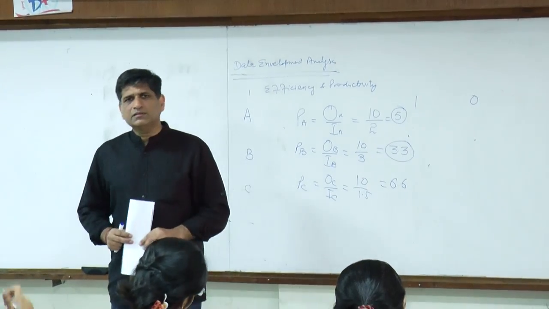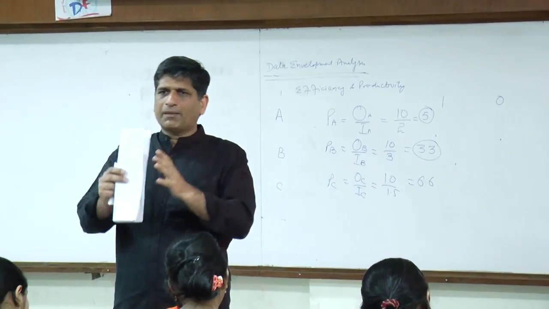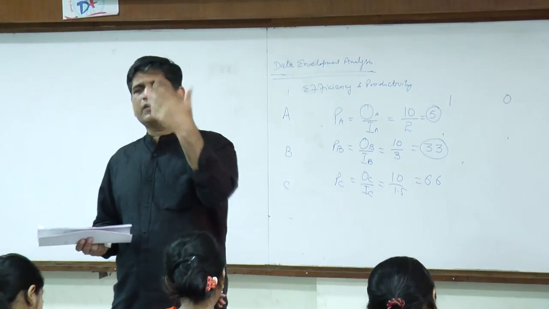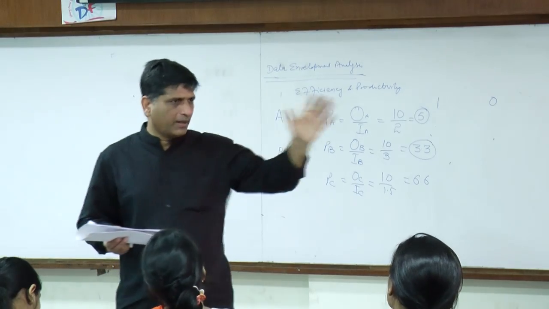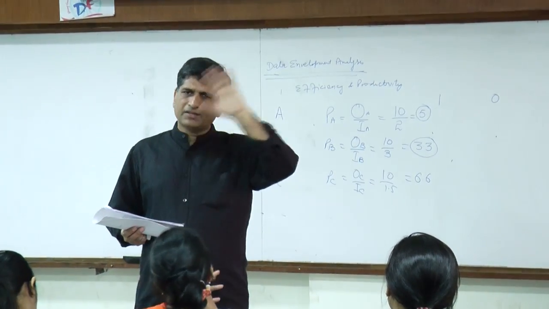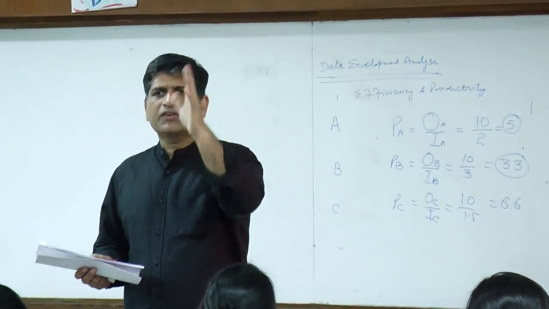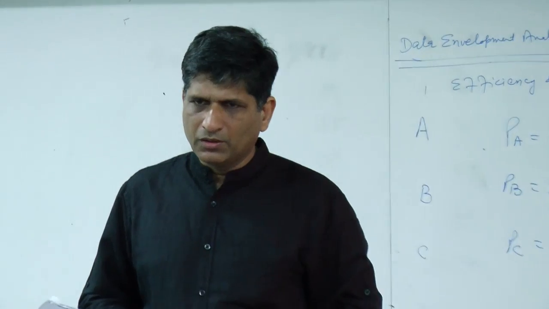Now, let's suppose we have a sample of 50 firms, and we are talking about banks. We have this sample of 50 banks, and a particular bank, say IDFC, turns out to be more efficient.